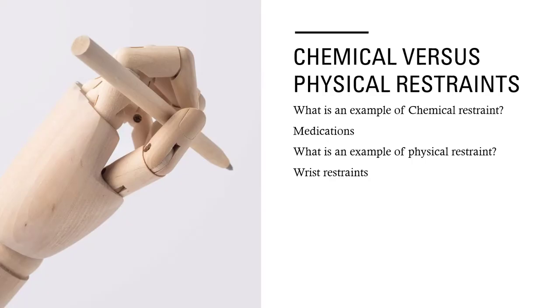That's an example that I just gave about the nurse threatening to give the client some medication that will put them to sleep because the nurse is wanting the patient to go to sleep and stop ringing the call light. A physical restraint is an example, a wrist restraint. Now you really don't see these restraints much anymore, but they are such a thing. Wrist restraints, desk restraints, they're all different kinds that are out there.